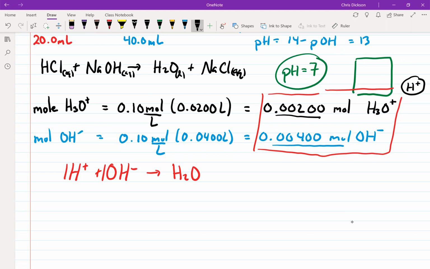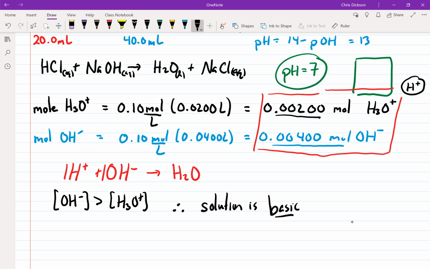So that would indicate that we should have a basic solution. The concentration of the hydroxide would be greater than the concentration of the hydronium. Therefore, the solution is basic.